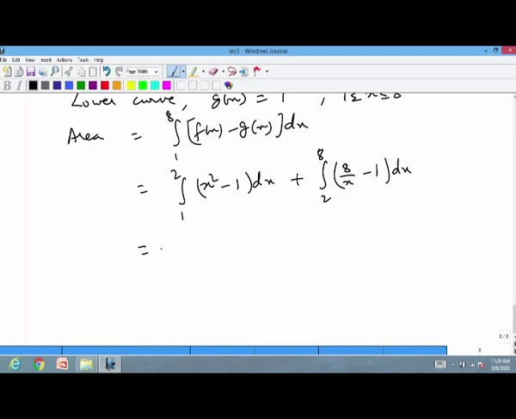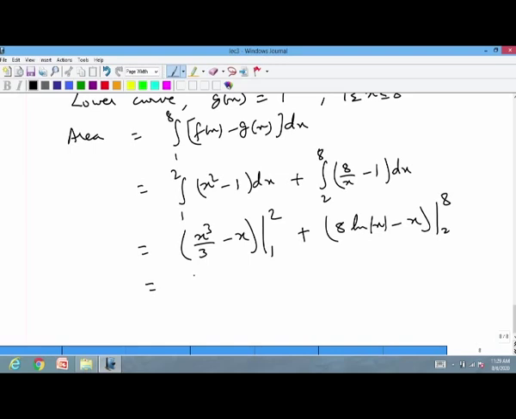This can be easily evaluated. This is equal to x cube by 3 minus x from 1 to 2 and plus 8 log mod x minus x from 2 to 8.